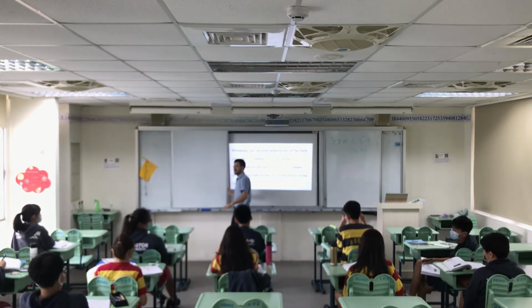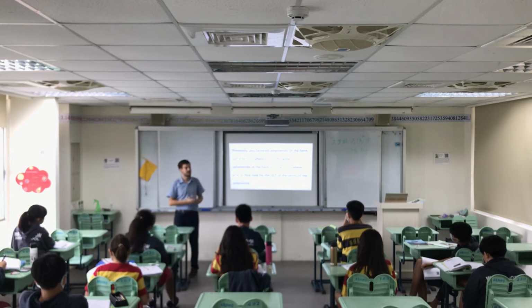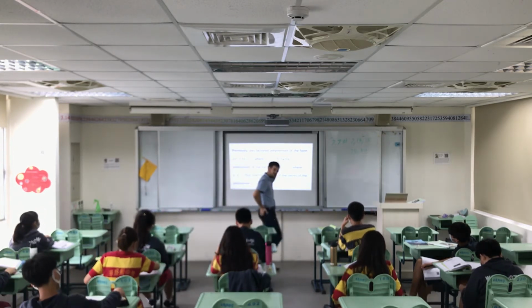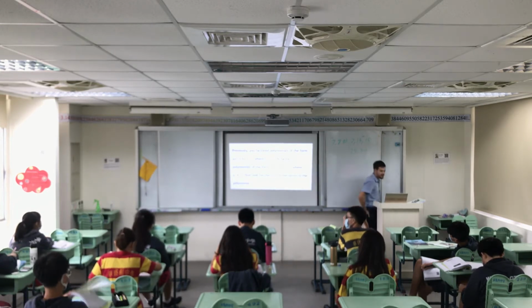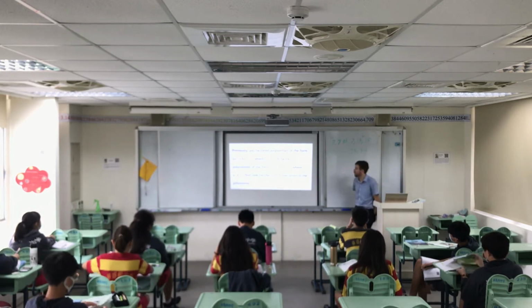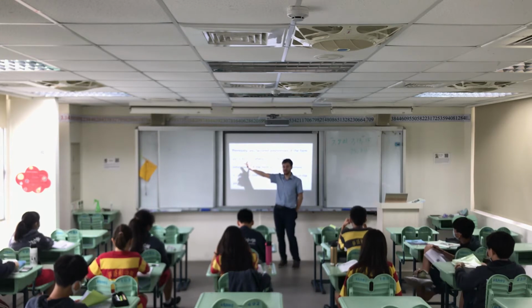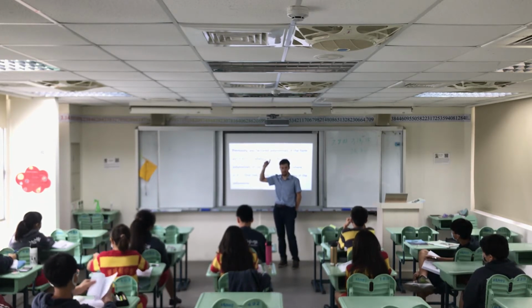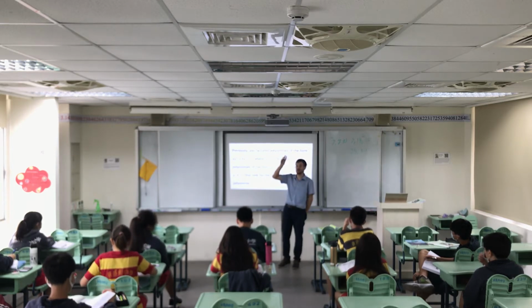Students, today's lesson, we are going to continue factoring. So previously, you factored polynomials of the form ax squared plus bx plus c. This is a quadratic, a second degree trinomial.